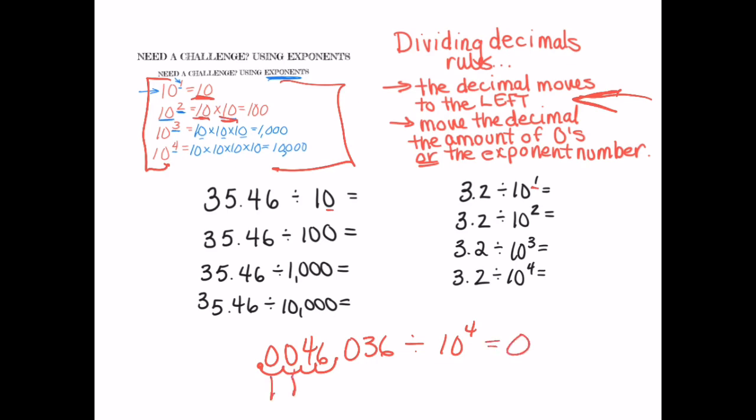So that would equal, holy cow, that's a very big decimal number. That means almost nothing. If you look at that as a fraction of a whole, that is a very, very, very small fraction of a whole.